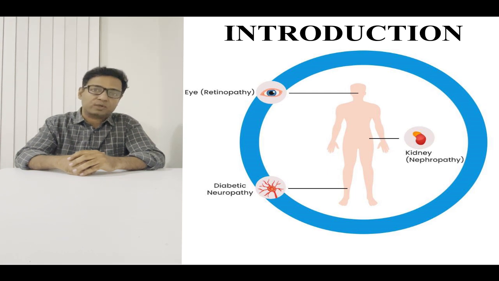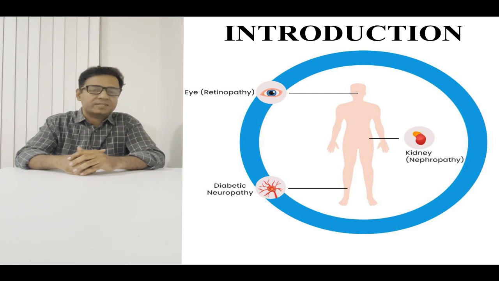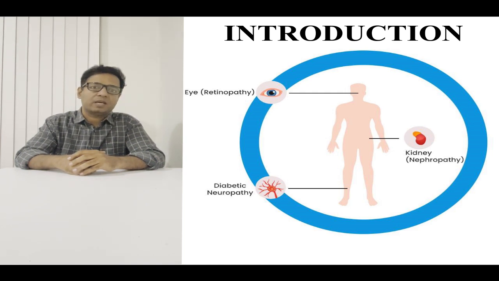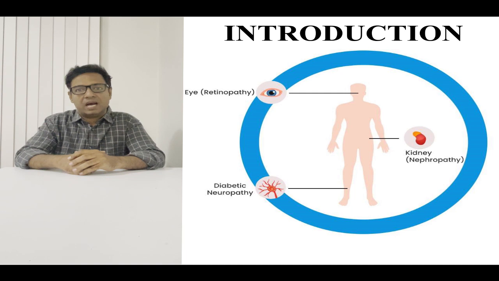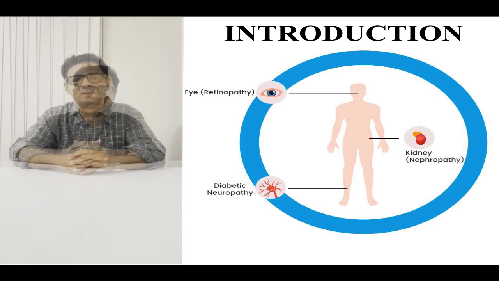these serious microvascular complications. As the name implies, micro means small, vascular means blood vessels. So these are complications from diabetes mellitus that affect small blood vessels in the body, especially eyes, kidneys, and nerves.